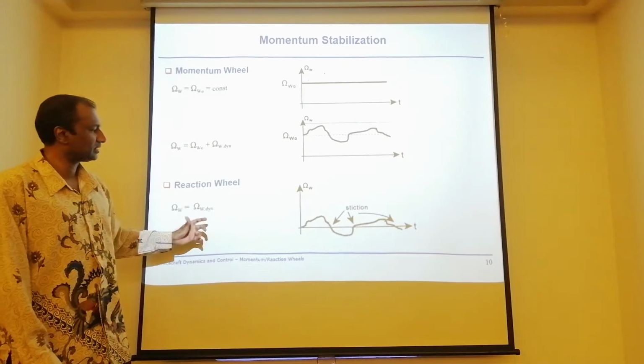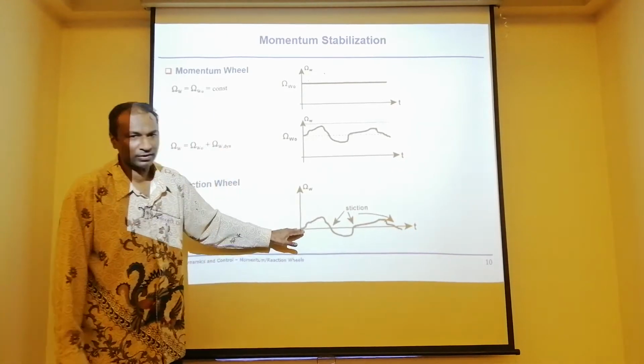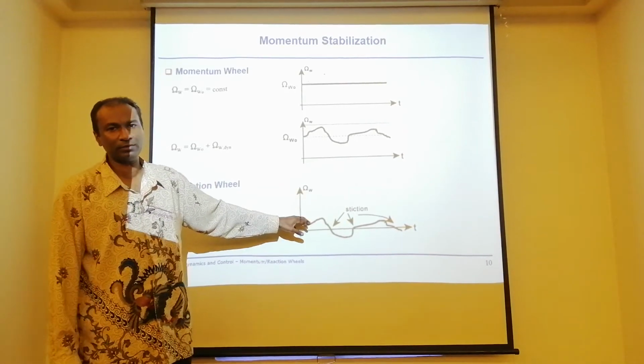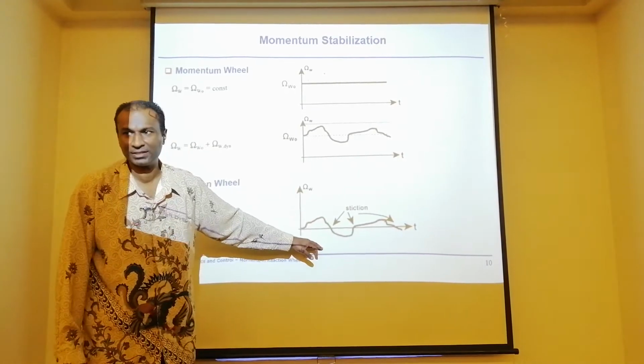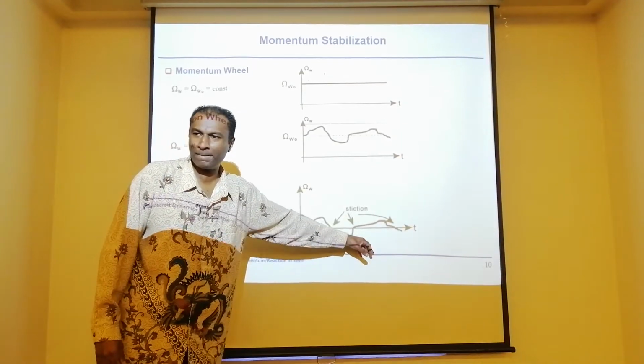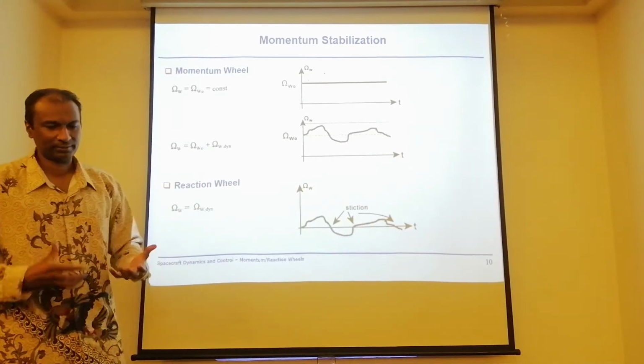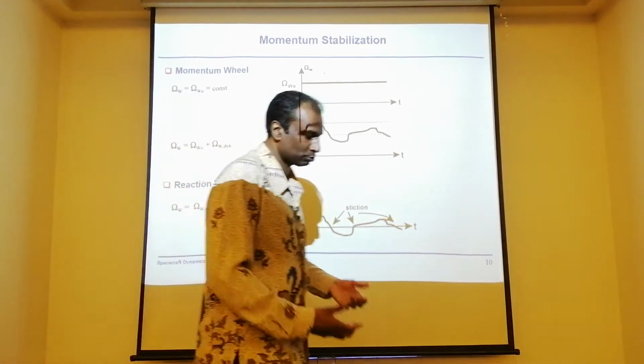So if you need torque, this starts at zero velocity. You need torque, then you speed up the wheel. You brake the wheel, you have a torque on the other side. Positive torque, negative torque, positive torque, negative torque, and so on. This is your reaction wheel. It's dynamic. It's always moving to produce torque.